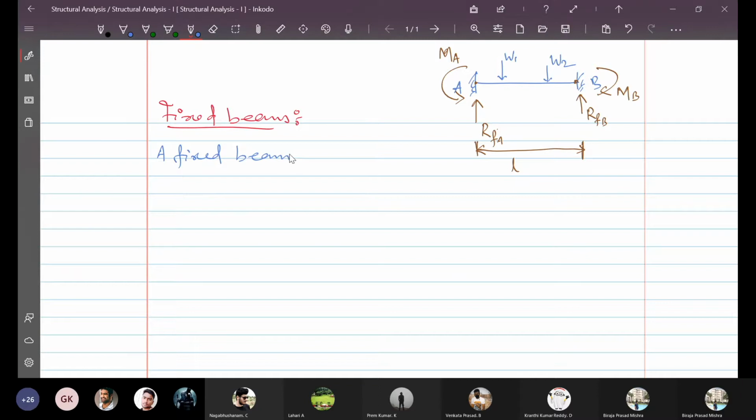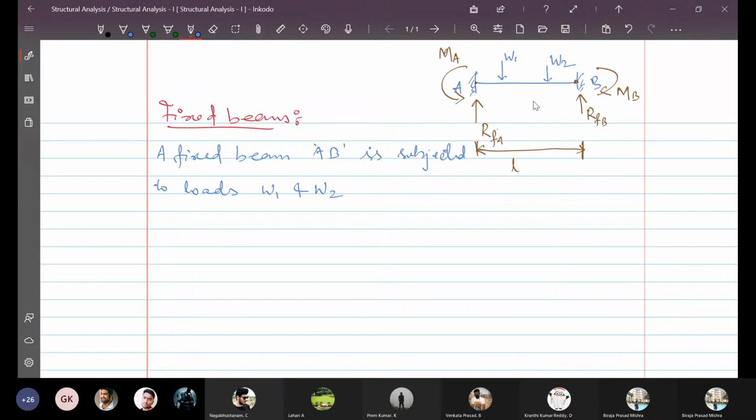Okay. So let us say a fixed beam AB is subjected to loads W1 and W2. I have not mentioned what the distance between these two loads is.